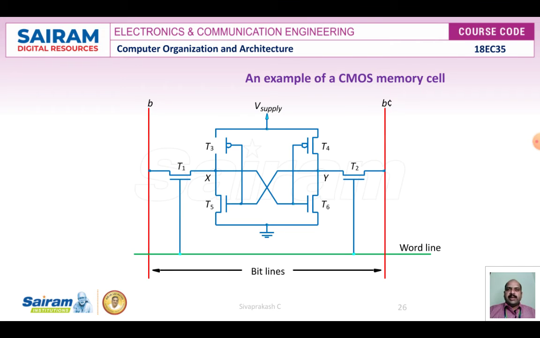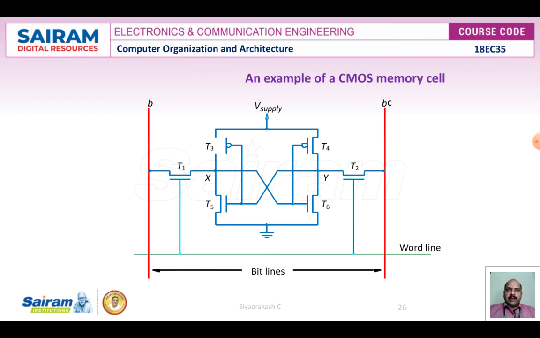Let us see an example of a complementary metal oxide semiconductor, or CMOS, cell. A CMOS realization of the cell is shown in the figure. Here the transistor pairs T3 and T5, and T4 and T6, form the inverters in the latch. The state of the cell is read or written as explained earlier.